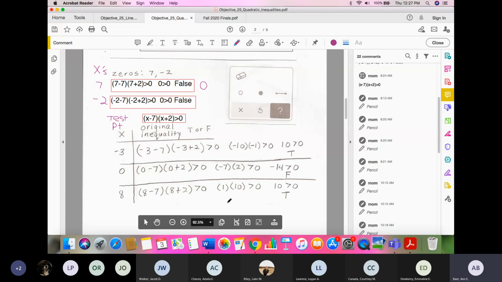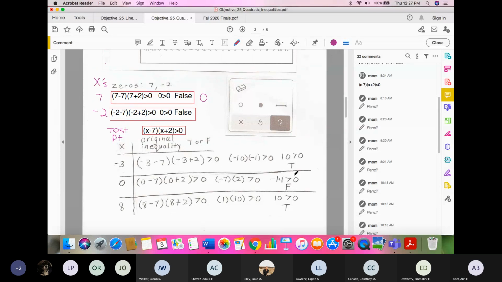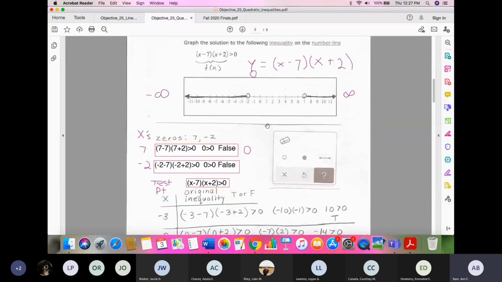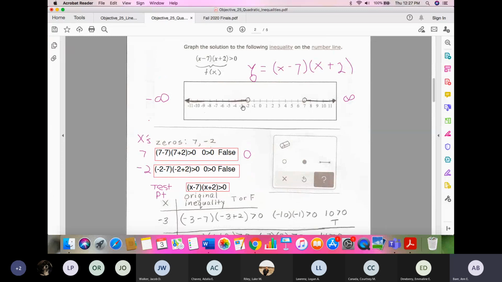So we found all of these. We just determined whether we got true or false. True means you want that interval. False means you do not. So we want the interval that contains the test point -3. Where is -3? Right there.